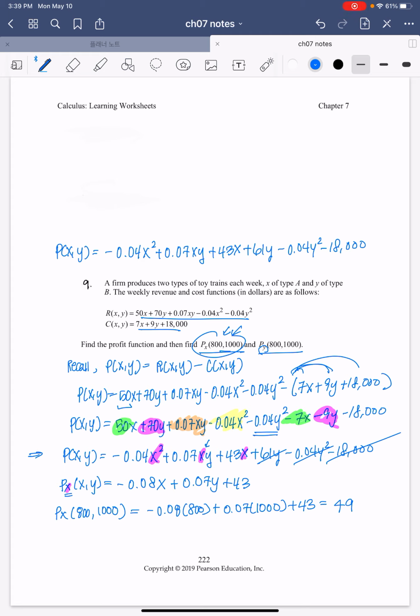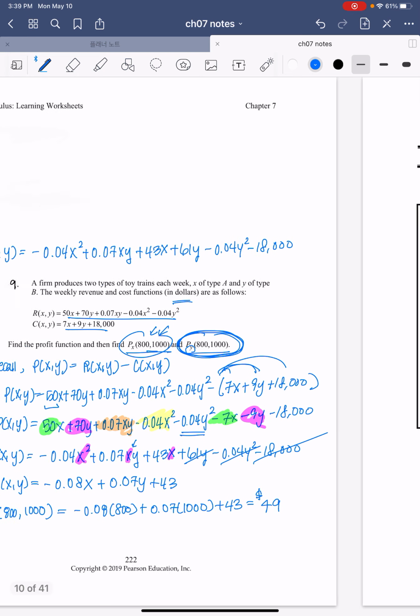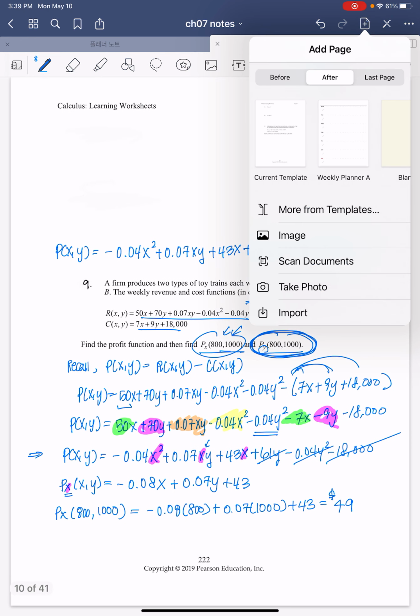Okay. In dollars. Okay. Similar thing, I'm going to do P of Y 800, 1000. So I'll do that on the next page.